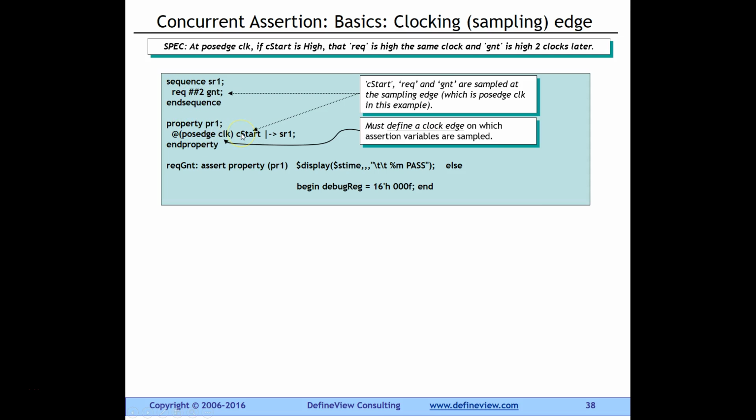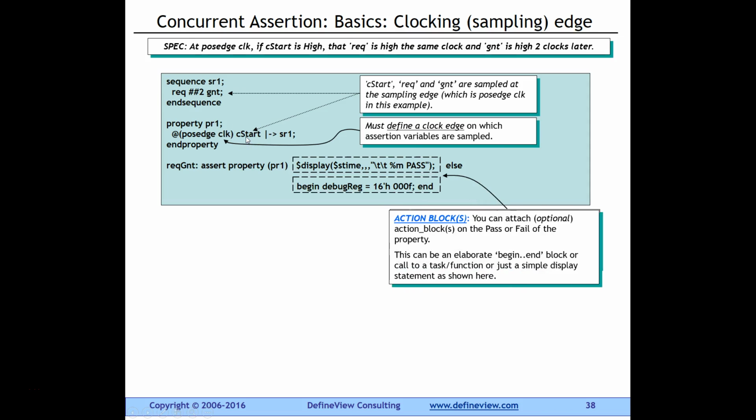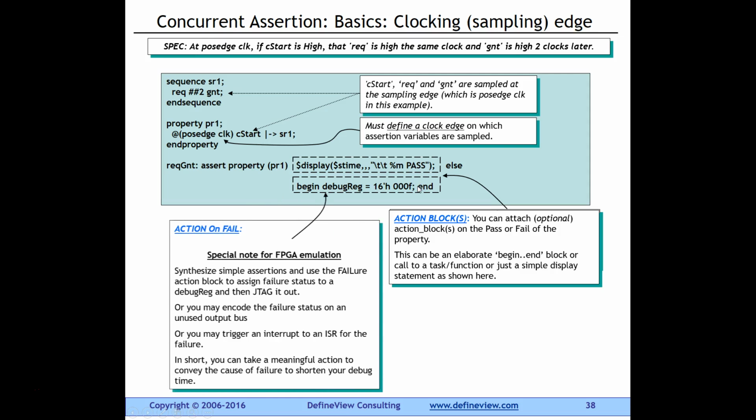And we'll see a bit more on that. And so all the three variables, cstart, request, and grant, will be evaluated at passage of clock. And you have these action blocks, as they are called. There is a pass action block if the property passes, else there's a fail action block if the property fails.